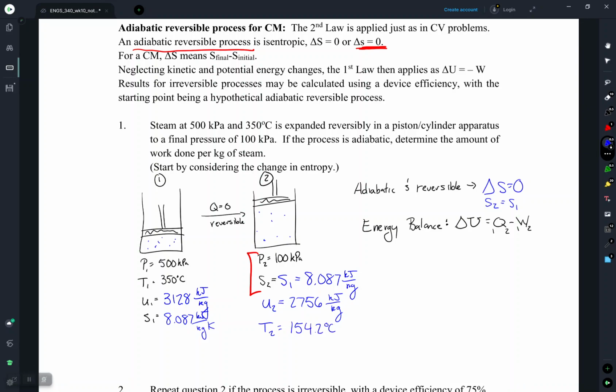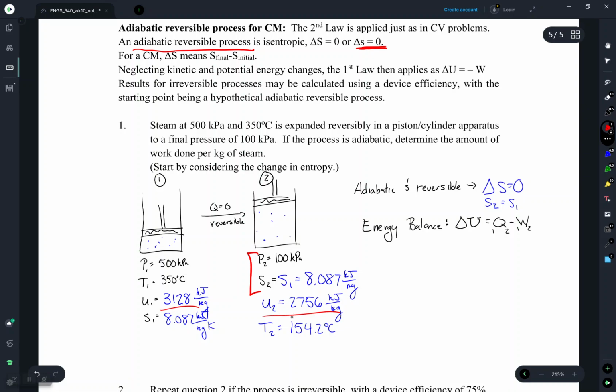So this is an adiabatic expansion, just like expansions that we've encountered before. As we're expanding to lower pressure, we're also going to lower temperature because we're extracting out some of the thermal energy that we had.